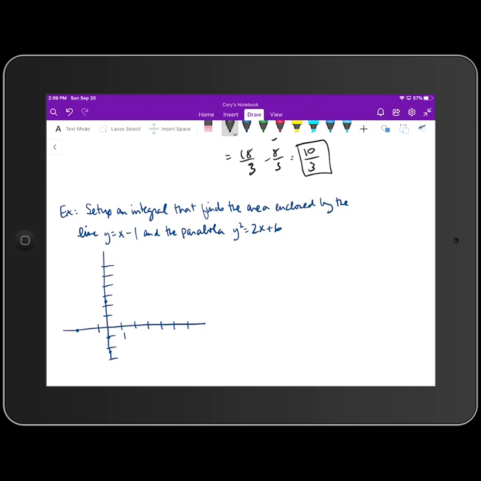Okay, so what I want you guys to do for this is I want you to use your calculator to sketch a graph and then calculate the intersection points of those two curves. Like, I don't expect you guys to remember how to graph parabolas in the form like y squared is equal to 2x plus 6. So you can use your calculator for that. So again, use your calculator, draw the graph in your composition book, and then we'll talk about how to set this up together.